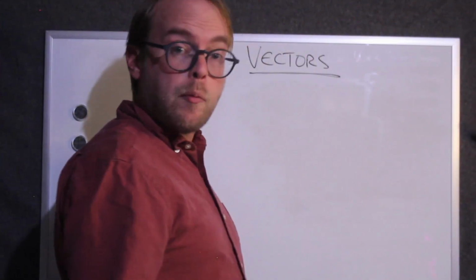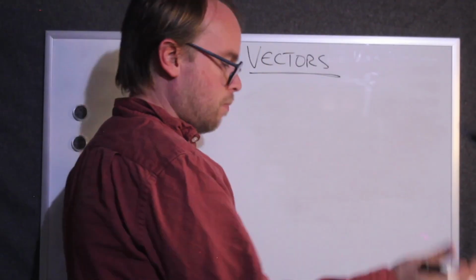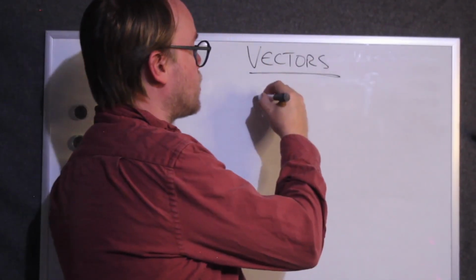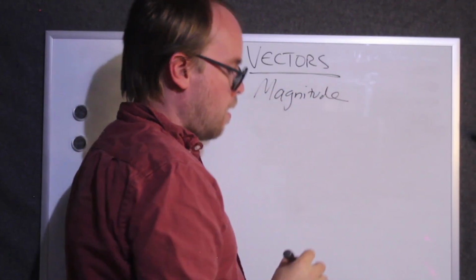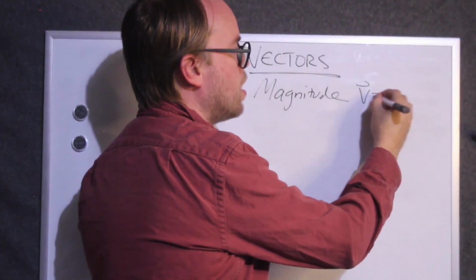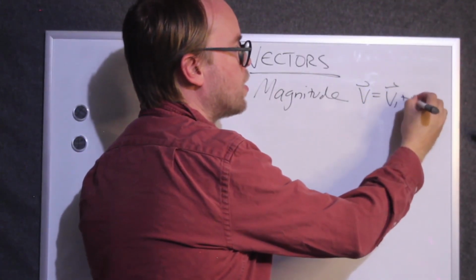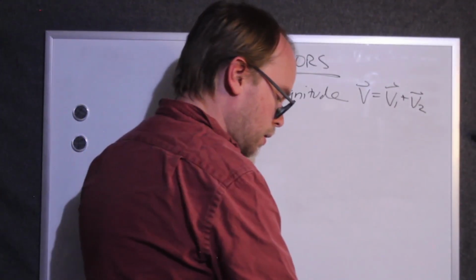Now, the nitty-gritty of this is calculating the magnitudes and directions. So for that, we'll have to break out some trigonometry. But we've got two different pieces. We've got the magnitude, which we'll do first. So if we want to get the magnitude of V equals V1 plus V2, then we've got to look at this.